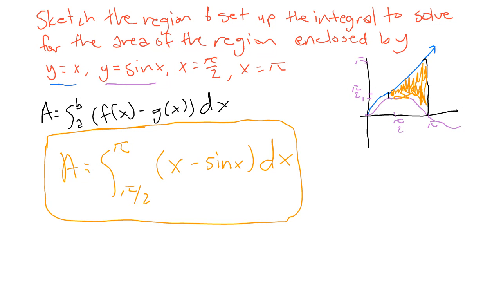Now sometimes they'll give you a situation where the curves intersect already. In that case, they may not give you any intersection points. Or sometimes they'll give you bounds, but you still need your intersection points to see what you're going to do with your area.